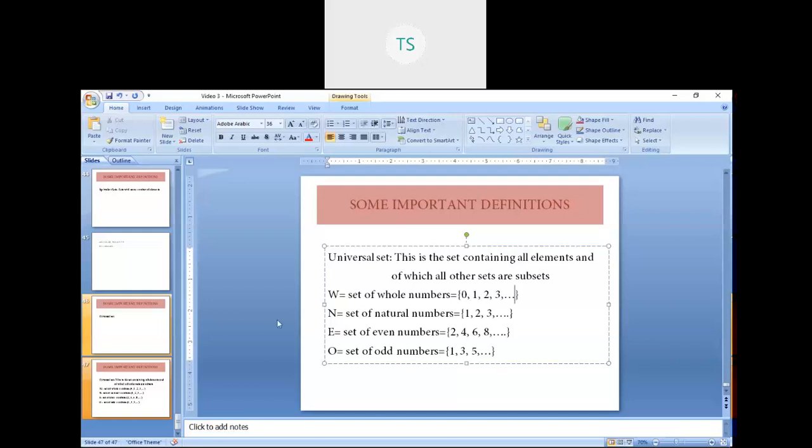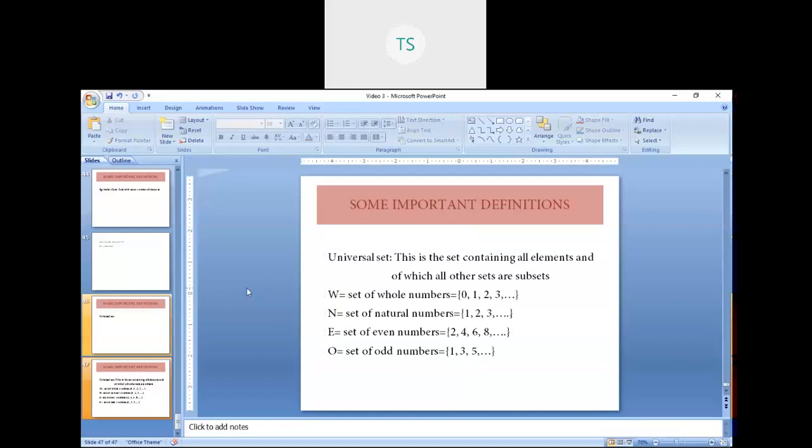W, because W has one extra element, 0, and all the sets N, E, and O are the subsets of W, that is the whole numbers. So if I consider these four sets, W is the universal set and N, E, O are the subsets.